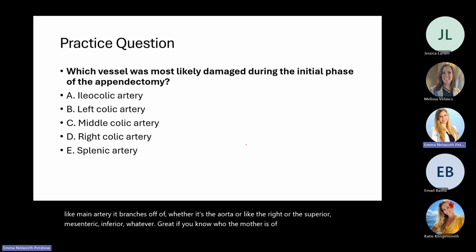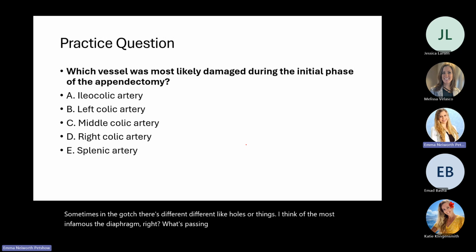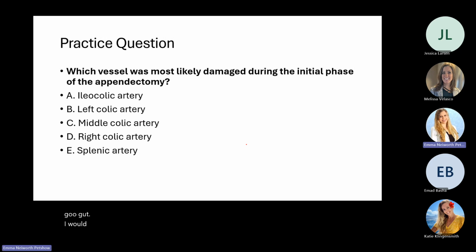And then if there are any fun structures it passes through along the way, right? Like in the brain, we have the foramen. Sometimes in the gut, there are different holes or things. I think of the most infamous, the diaphragm, right? What's passing through where. Those would be important structures. Otherwise, it's really organ and who feeds the organ. That's what I'd focus on. I'd do gut. I would do repro structures, so your organs, reproductive organs.